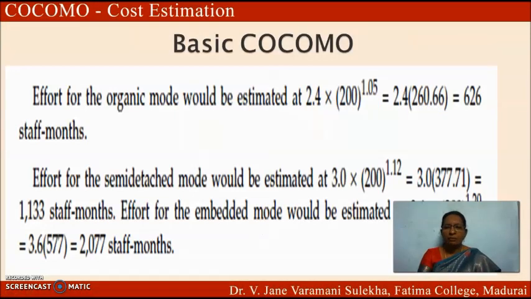So when we have KLOC as 200, when it is the organic mode, we have to use 2.4 into 200 to the power of 1.05. If it is semi-detached, we have to use 3.0 into 200 to the power of 1.12. And if it is embedded mode, we have to use 3.6 into 200 to the power of 1.20 to calculate effort.